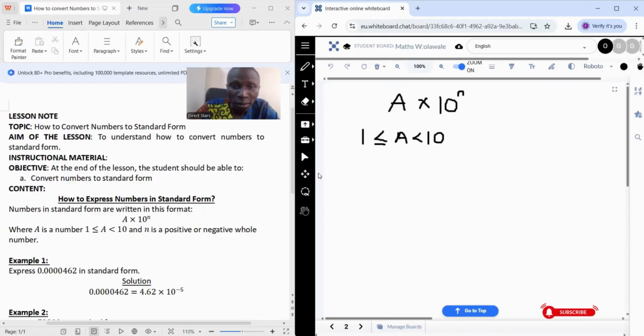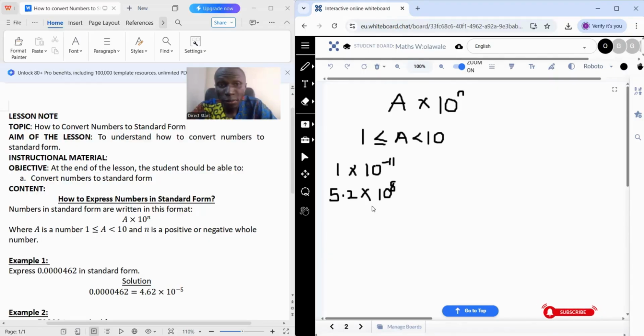So we can have 1 times 10 raised to power minus 11 as a standard form. We can have 5.2 times 10 raised to power 8 as a standard form.